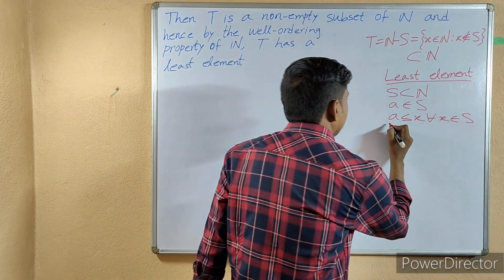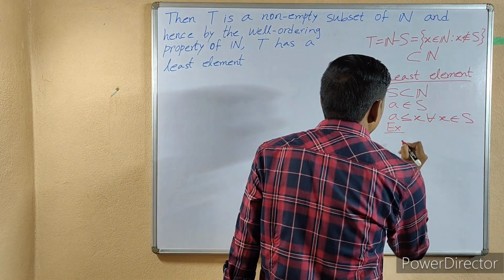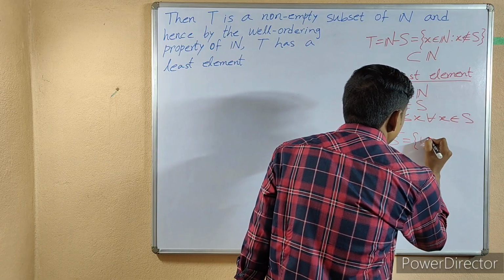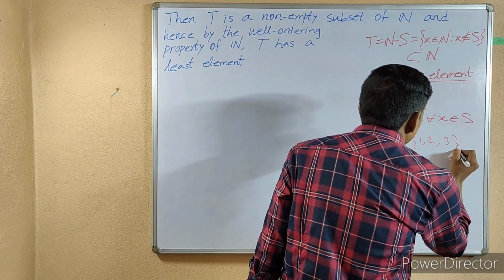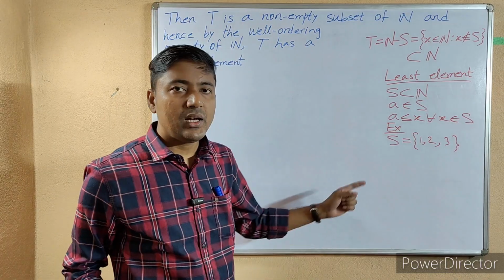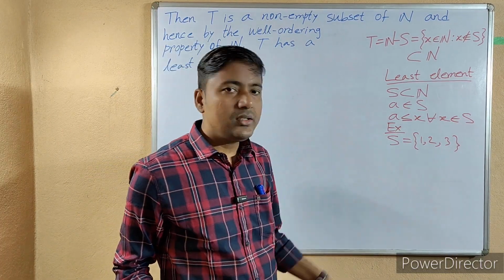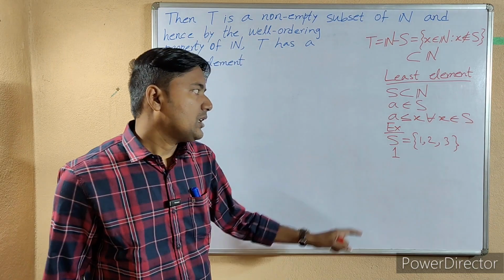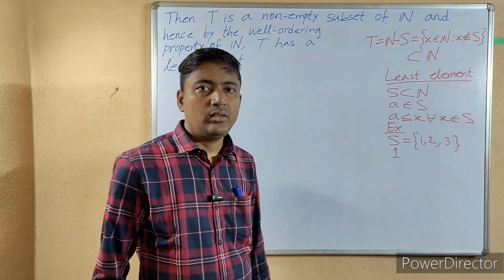For example, the least element of the set S equal to {1, 2, 3} is 1, the lowest number of the set.